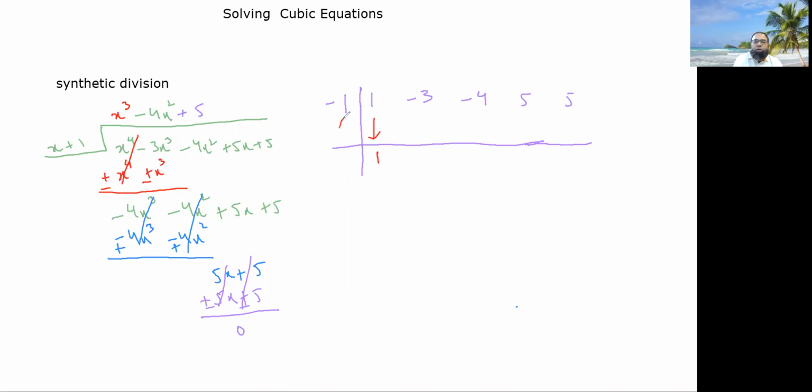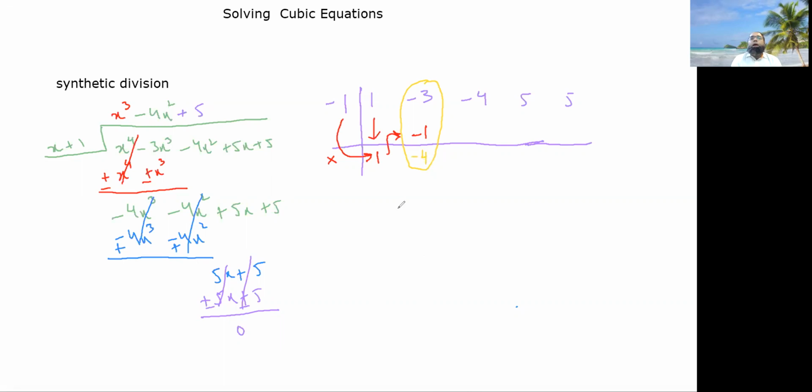Now this minus 1 is multiplied by this 1, and the result is written here. That is going to be minus 1. And then you sum them up. The sum is going to be minus 4.